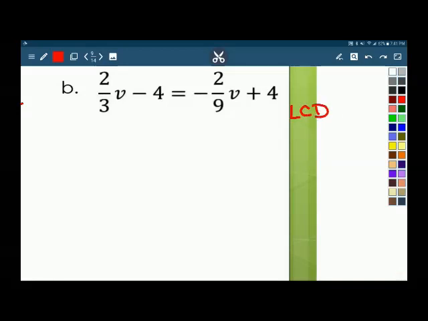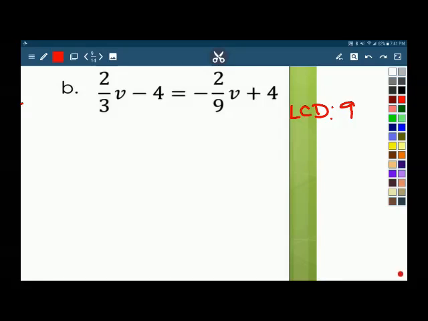The least common denominator would be the smallest denominator you can get from multiplying it. So 3 can actually be multiplied by 3 to get 9. So the least common denominator would be 9. That way when we multiply everything by 9, then both of those denominators will go away.